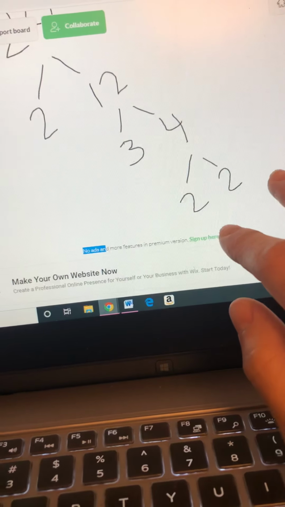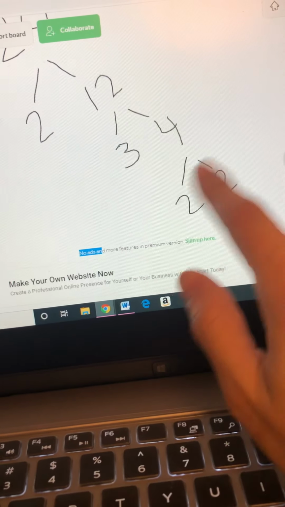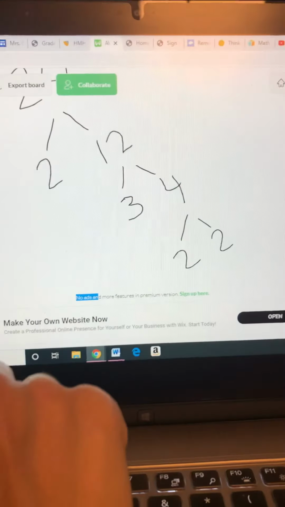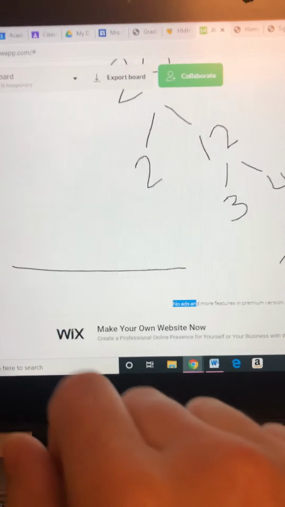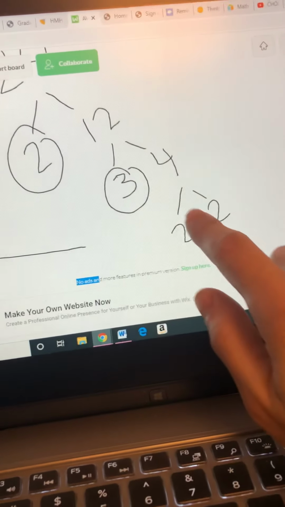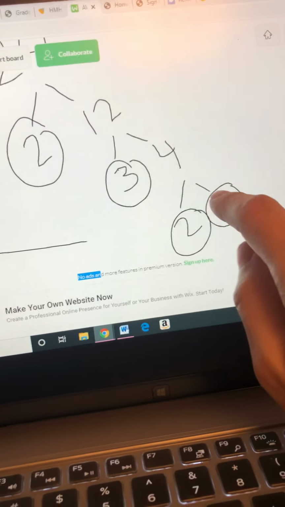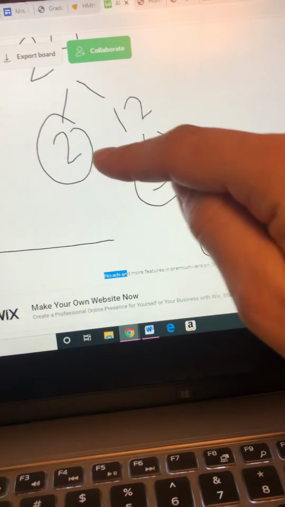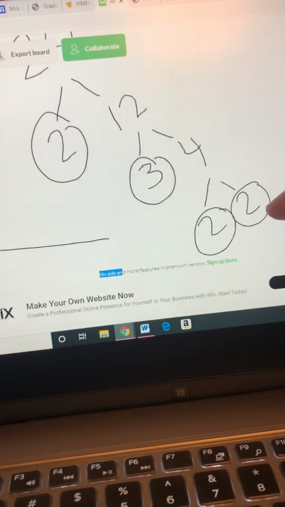And technically, you're done once you have all prime numbers. So the goal is to write your answer like this. Find all the factors that are prime. So at the end of each little factor tree line, you would consider those numbers your answers.